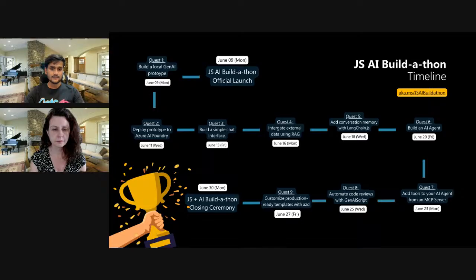From the quest, you have learned many technologies like Azure AI Foundry, GenAI, RAG, LangChain, AI agents, MCP servers, and many things. So you will have a separate template for MCP, for LangChain, for RAG, for Azure AI Search, and other things. Which one interests you the most, you can choose that one.